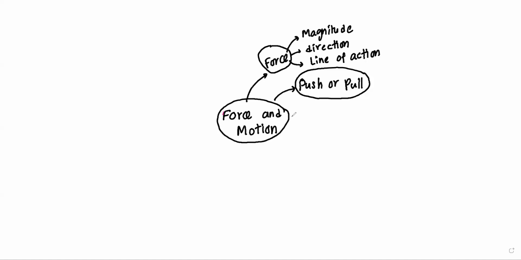And what can forces do? Forces can do things like this. When you apply a force on a stationary object, you can let the object move because you're providing an unbalanced force. We call them unbalanced forces. So by creating an unbalanced force, we can let the object travel.